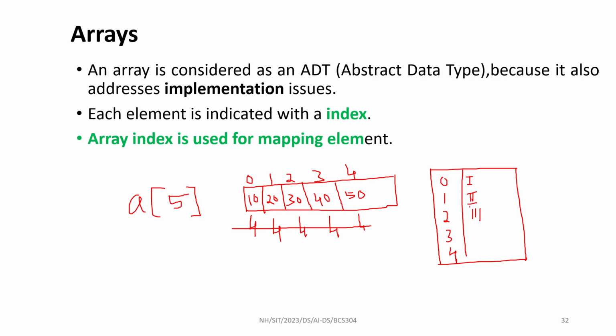This is the third element, this is the fourth element, and the last one is the fifth element. The first element in this diagram is 10, then 20, 30, and 40. Array index is used for mapping the element. Using the index, you can refer to the elements of that array.